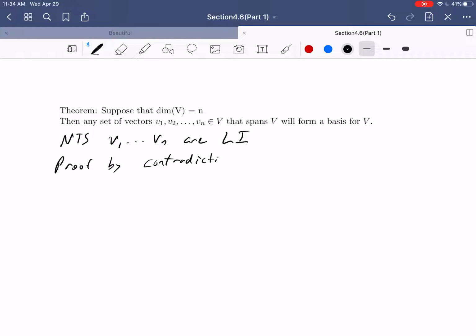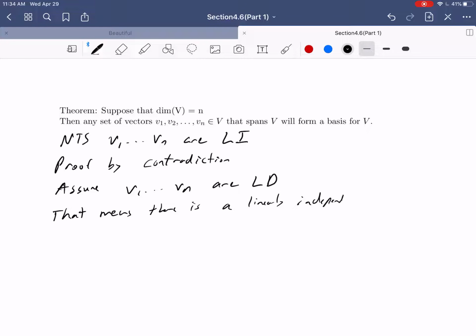So, proof by contradiction. Let's assume V1 through Vn are linearly dependent. That means there is a linearly independent subset of V1 through Vn with the same span.